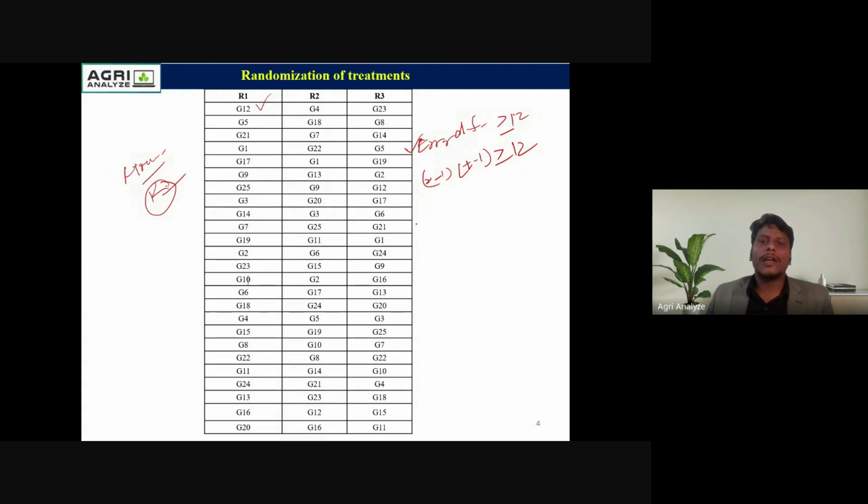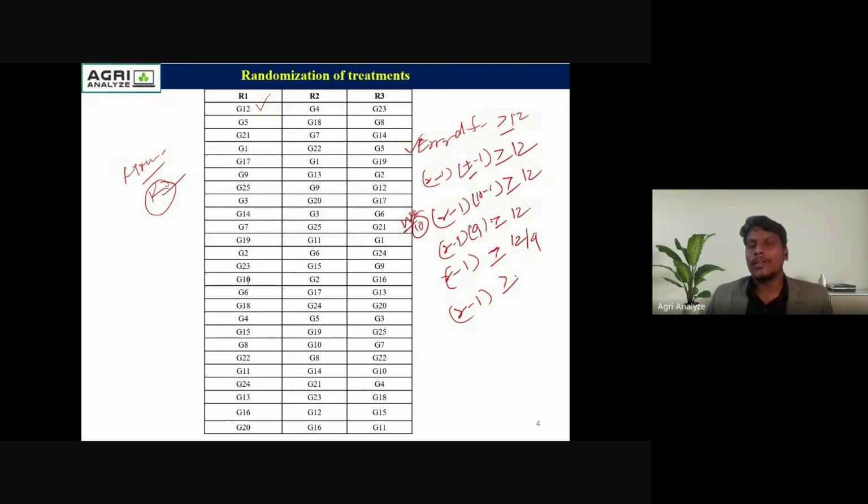Suppose we have 10 treatments. Then T minus 1 is 10 minus 1, which is 9. So (R minus 1) times 9 should be more than or equal to 12. Then R minus 1 is more than or equal to 12 divided by 9, which is 1.33.